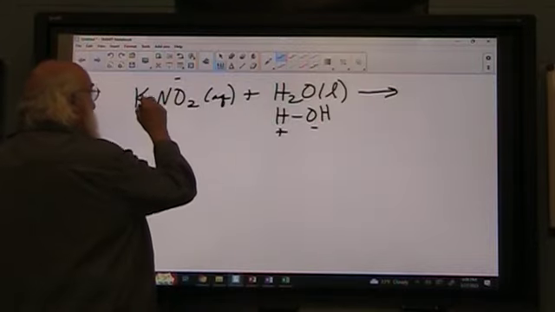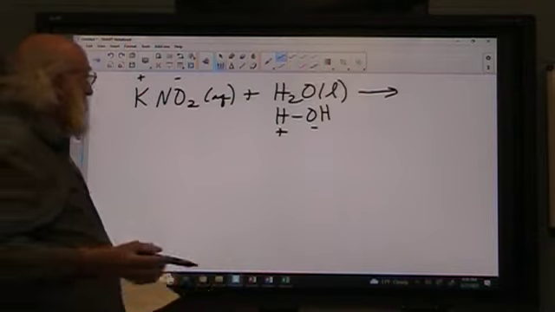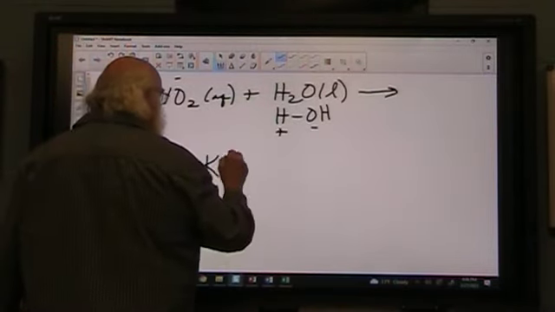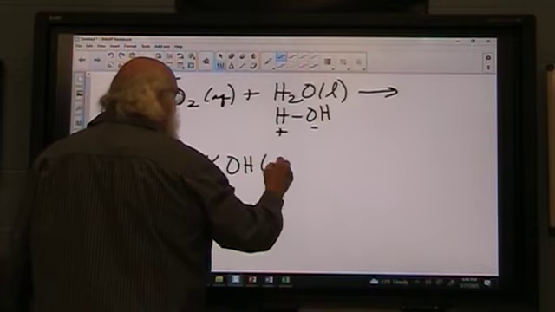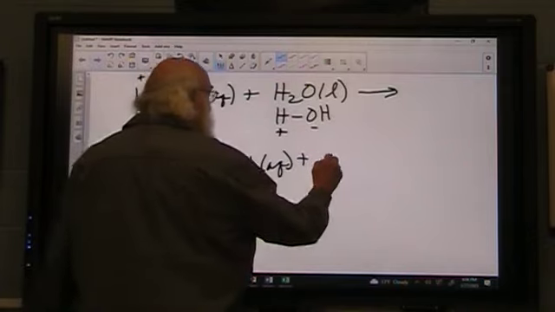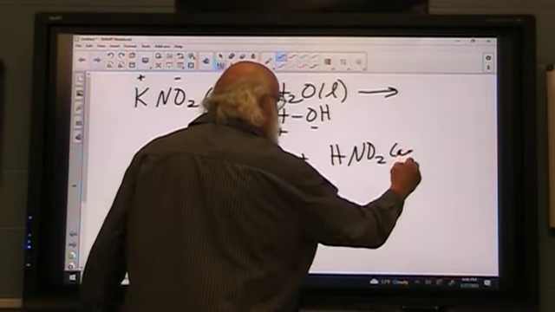Nitrite is the negative and potassium is the positive. We can go through a double displacement reaction for this, where potassium goes with hydroxide and hydrogen goes with the nitrite to create what we call nitrous acid.